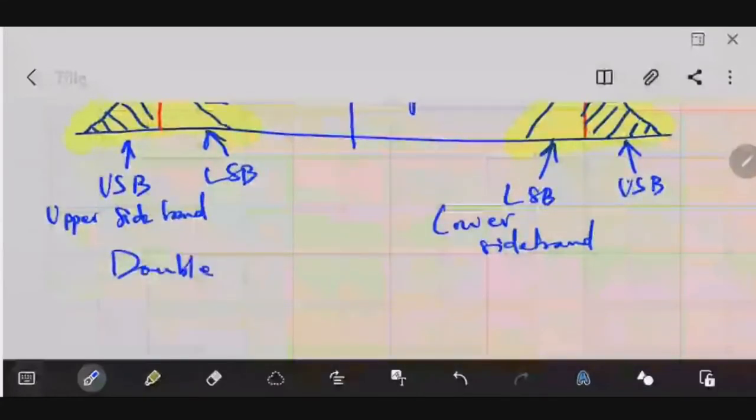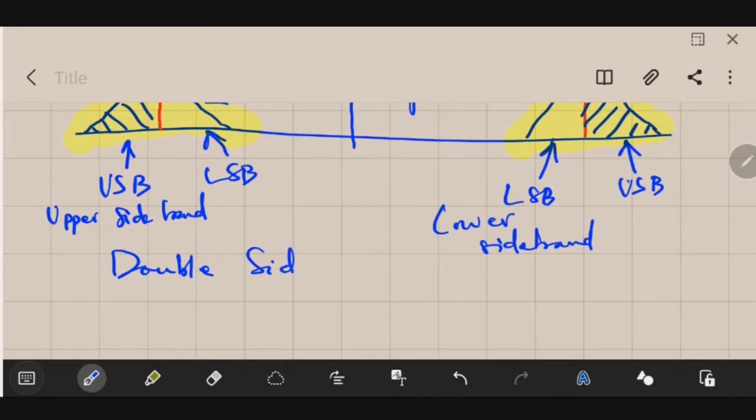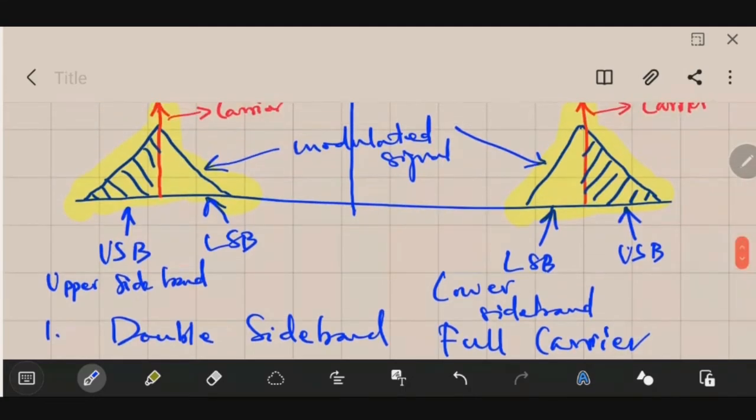Why is it double sideband? Because the lower sideband, the unshaded portion, and the upper sideband, the shaded portion, are both present, as well as the red carrier. That's why it is called double sideband full carrier.